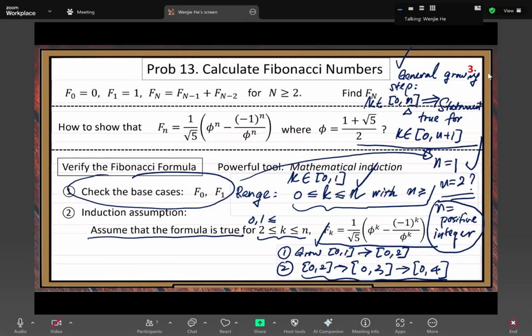Can I grow to make the upper bound infinitely large? Then we cover all the integers. That's the essence of this mathematical induction idea. We do not do too much work because we only need to do the general work. General step proving. That's it, enough. So try to understand in this way.